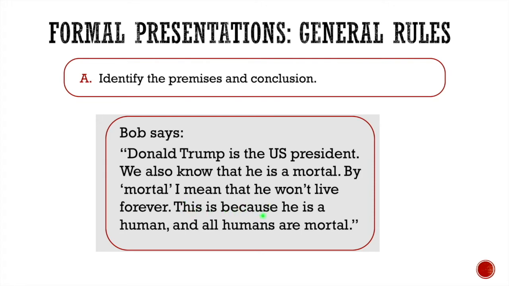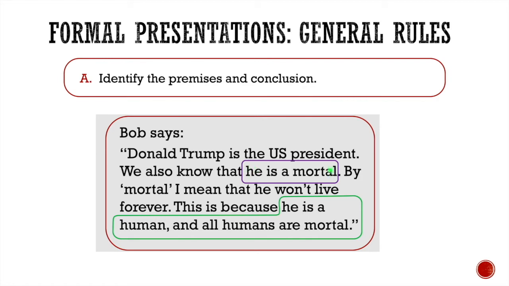This is because he is a human and all humans are mortal. So this is indicating that what comes afterwards is a premise. So we can say, okay, here's one of our premises. But if this is the premise, or one of them at least, what is the conclusion? Well, this is the conclusion: he is a mortal. So we have this as a premise and this as a conclusion.